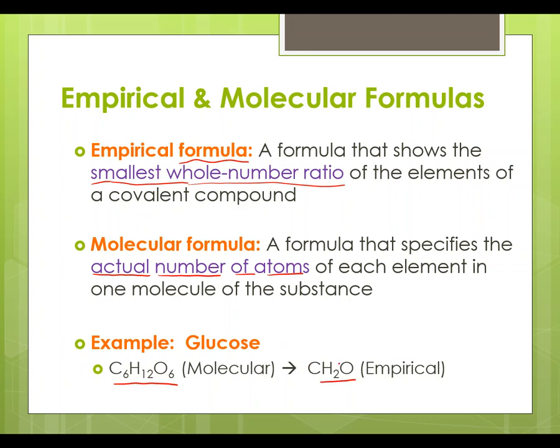That would be the lowest number ratio here because remember, these would all be able to be divided by a common factor of 6. And if you did that, the ratio would be 1 to 2 to 1. So we would write the empirical as the lowest ratio formula of them. So really all you have to do is look for a common factor that you can reduce them by, and then you can find the empirical formula.